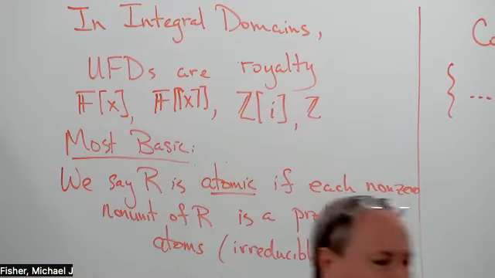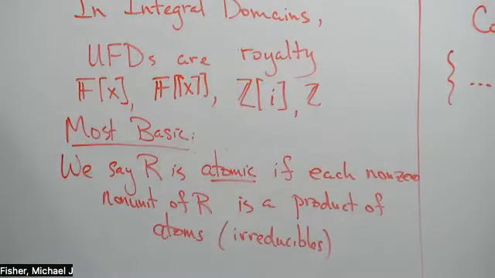So that's the reason that they're called atomic, is everything can be written as a product of atoms, which are irreducible. So atomic domains are the type where everything can be factored.